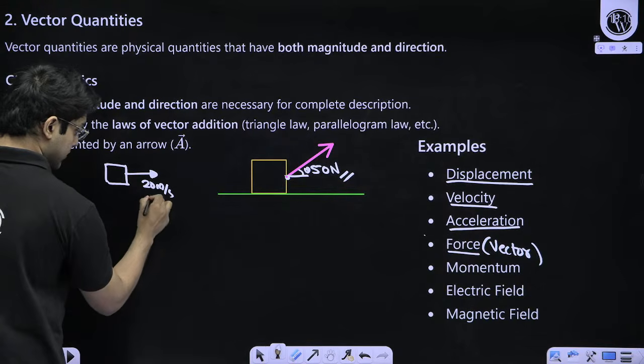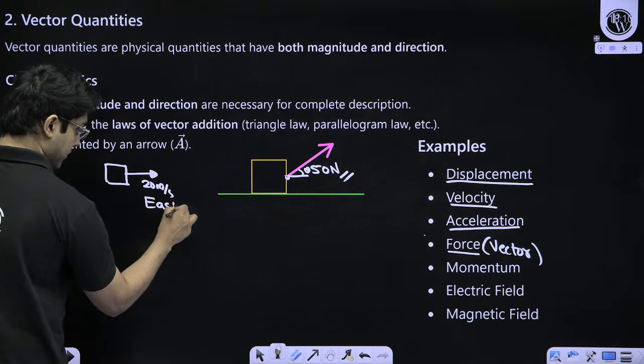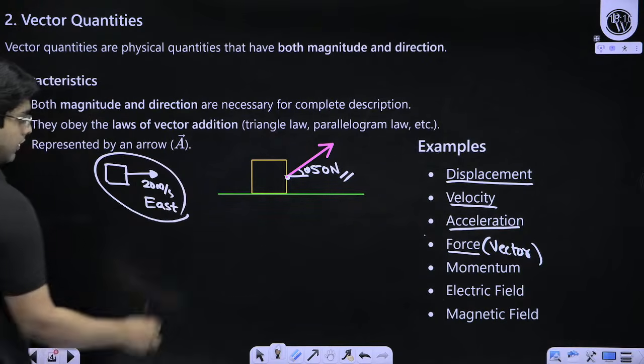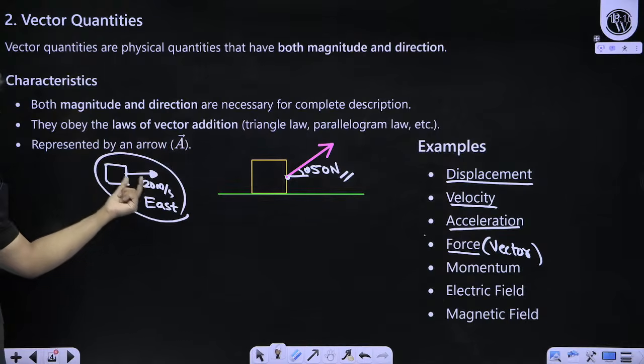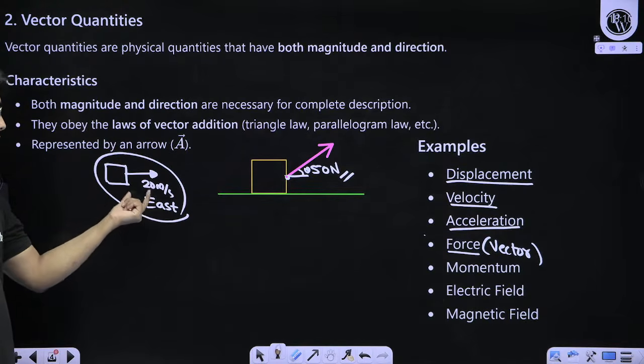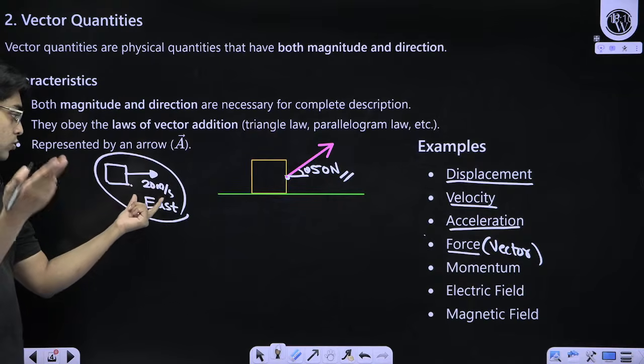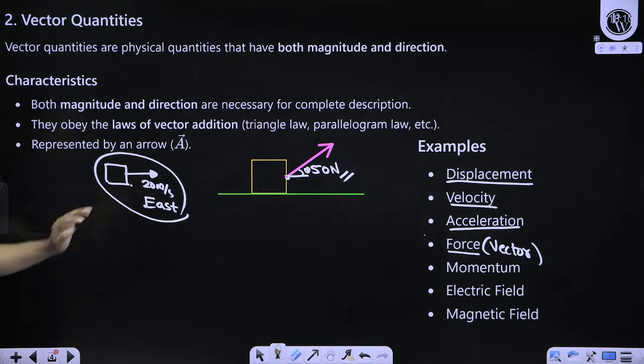So in this case, I'm saying it is moving to the east. So when we are talking about the velocity of an object, we also need to specify the direction. So not only the magnitude, but also the direction. 20 meters per second east. Same is the story with displacement. Displacement and velocity we'll study in detail in the upcoming lectures.